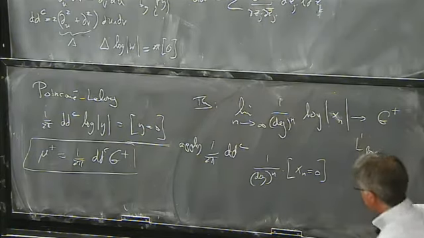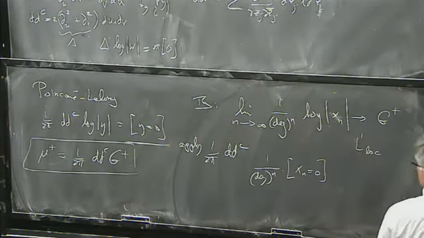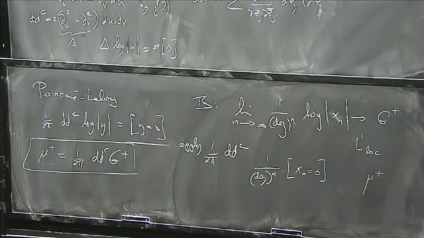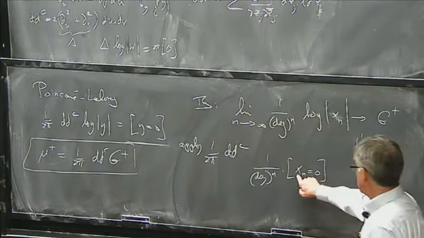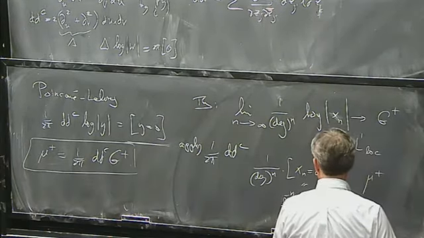That's what I get on the left hand. And on the right hand side, I'm going to get mu plus. Okay. Now, what is xn equal to 0? Well, this is exactly just f to the minus n of x equal to 0.